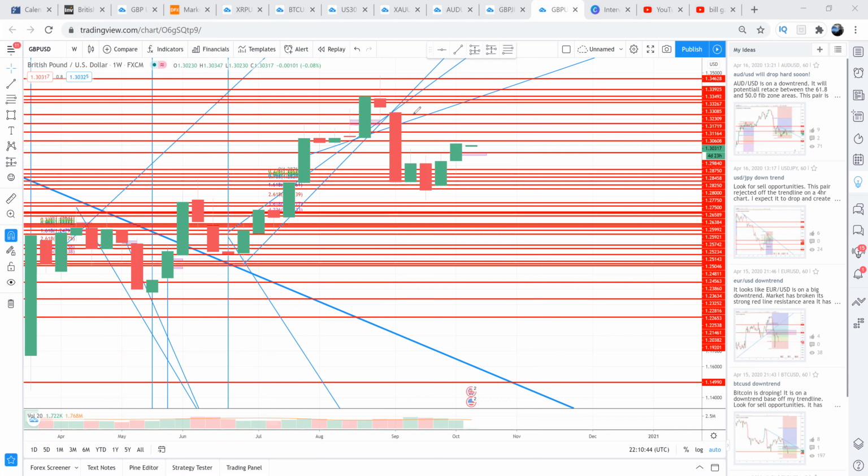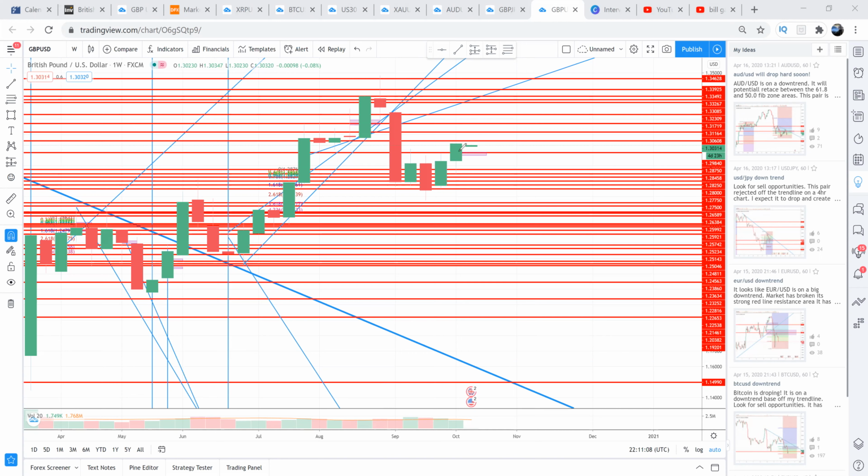So we had the opportunity to potentially come up to this area and test this area, which is the 1.3085 area. We have that opportunity to potentially come up there that week if it's a crazy bullish momentum week. It might take a while.